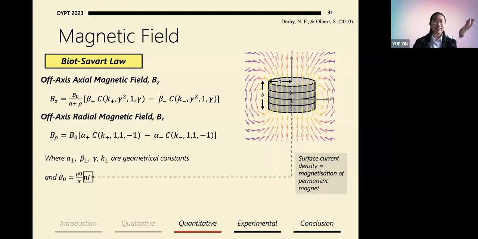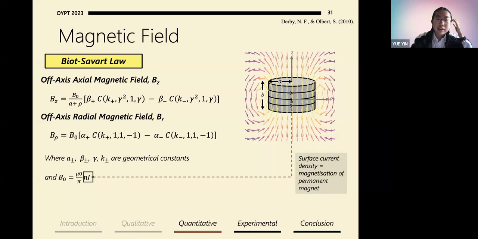We're not saying that the magnet has a constant electric current, of course, but we can find the equivalent current cylinder which produces the same magnetic field as the permanent magnet, and then we model the permanent magnet's fields by modeling the equivalent current cylinder. So that's a neat trick that you can make use of to model a permanent magnet.